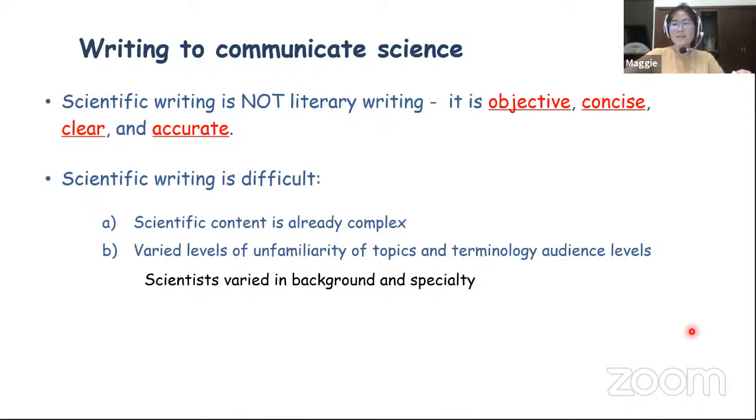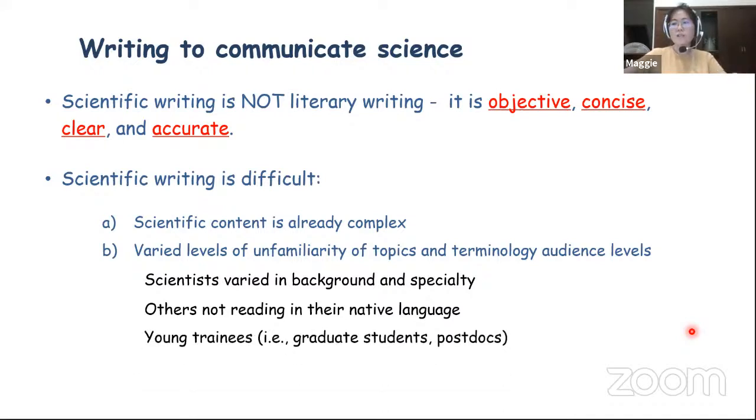For example, scientists vary in background and specialty, and others are not reading in their native language. I'm Chinese, but most of the time I need to read publications, scientific writing, in English. I'm not a native speaker, so sometimes I have difficulty in understanding a sentence. And also the young trainees, for example, graduate students, postdocs, and undergraduate students, have different understanding about the topic.